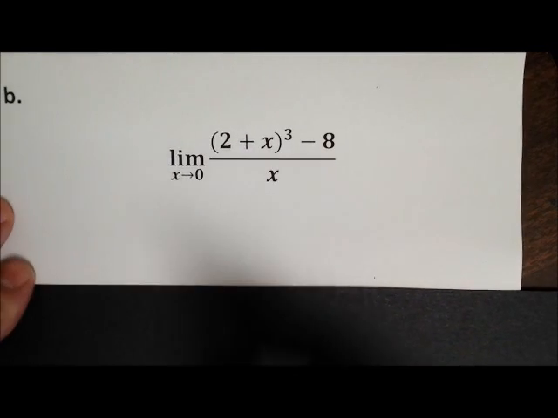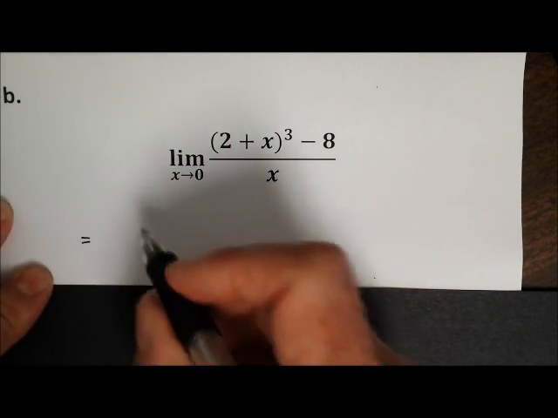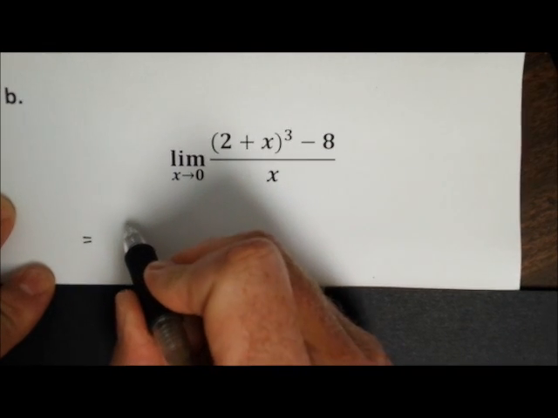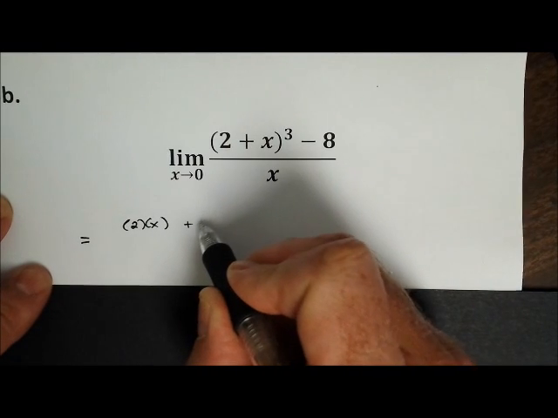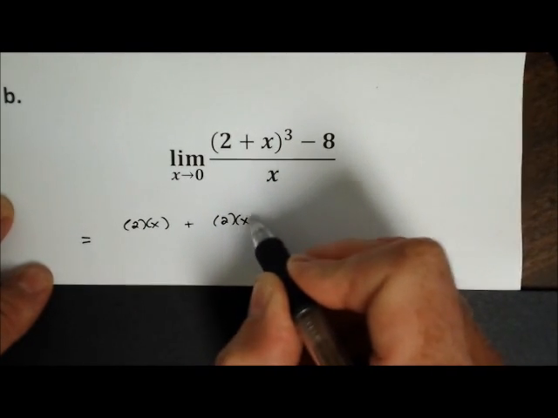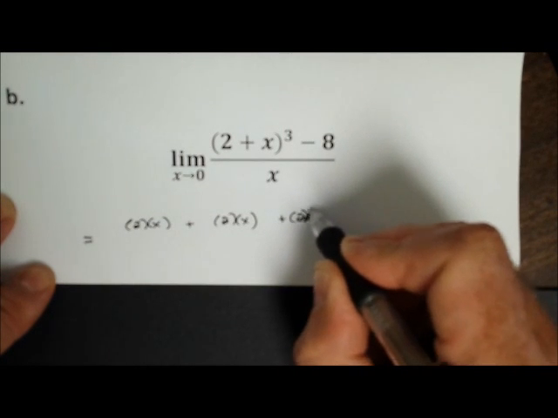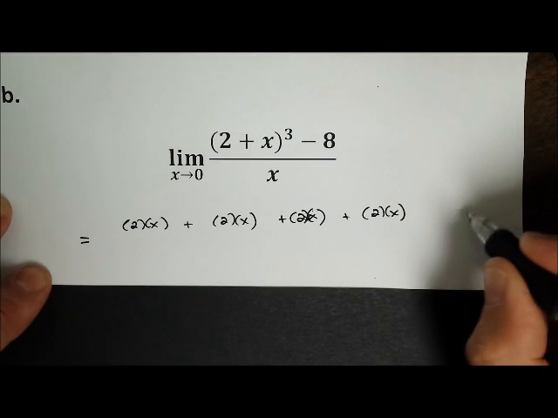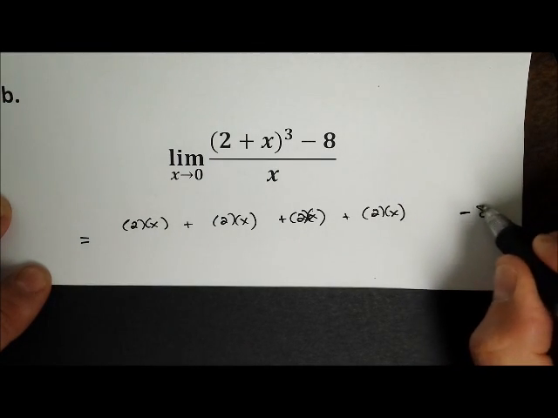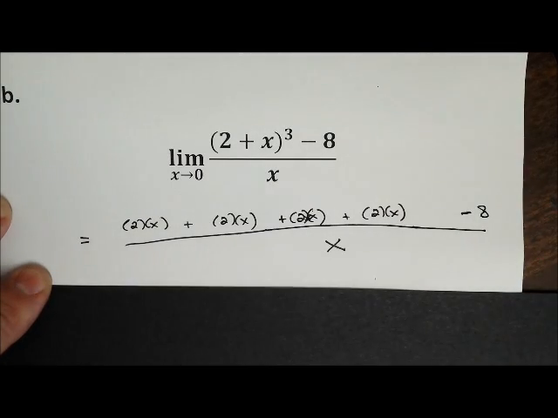We're just going to take a minute here to remind ourselves of binomial expansion and Pascal's triangle. So here's personally what I would do to get through that binomial. And here's that minus 8 at the very end of the limit, and that's all going to be over x.